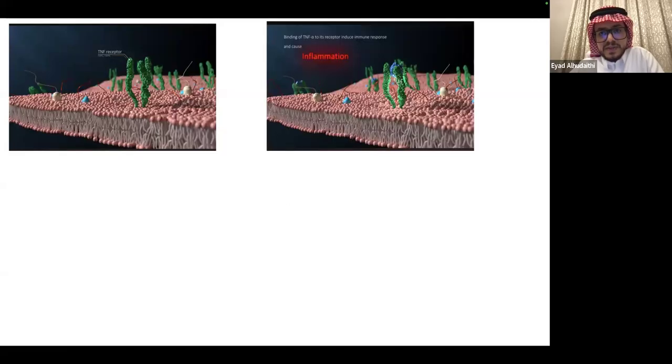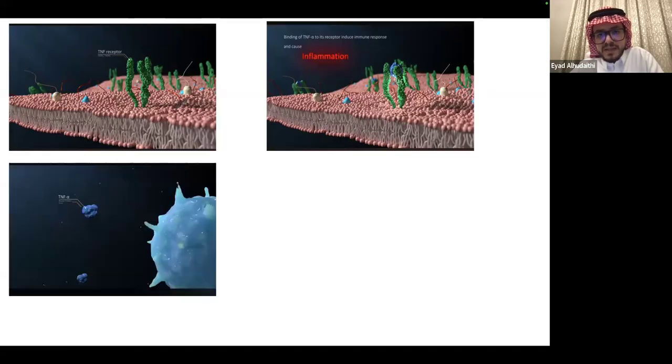And this cartoon shows a really nice depiction of how the cells look like. So this is the TNF receptor, and when the inflammation starts, the inflammatory cell starts to bind to the TNF receptor to start the cycle of the pro-inflammatory process and inflammation.